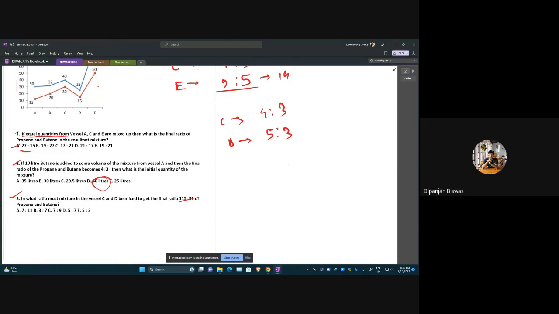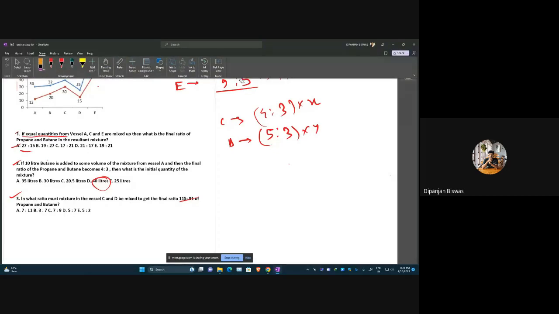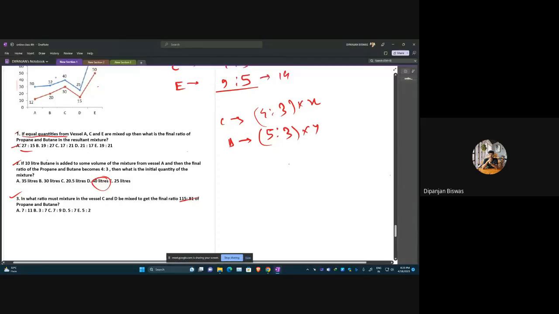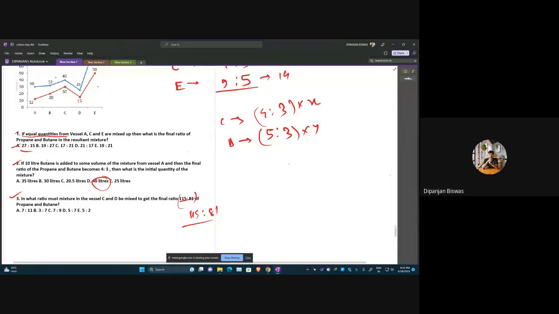Suppose X liter of vessel C was mixed with Y liter of vessel D. Then the final ratio should be 115:81. But to differentiate things, you first have to equate the two vessels.